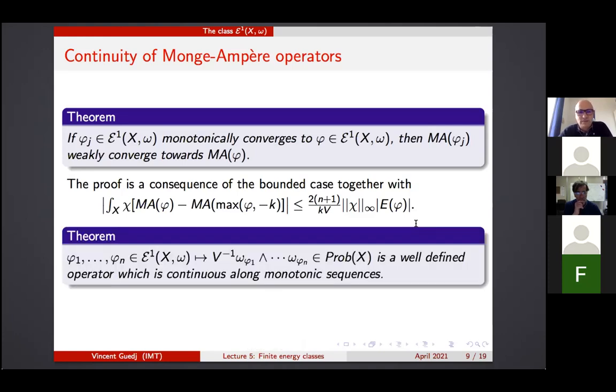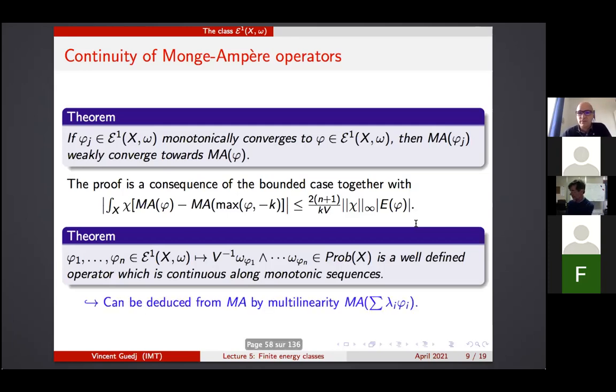And something I did not have much time to describe last Thursday is that once you know how to define the Monge-Ampère of one function, then by playing with the multilinearity of the determinant and by the convexity of these sets of functions, you can also define the so-called mixed Monge-Ampère measures. So here is a statement.